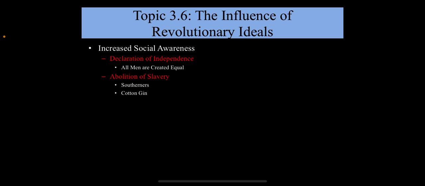It would just literally spool the seeds out of the cotton, making it a whole lot easier, and cotton was able to be produced more. So the Southerners wanted to keep the slaves for that free labor so they could increase their output of cotton and, of course, increase their economic gains.